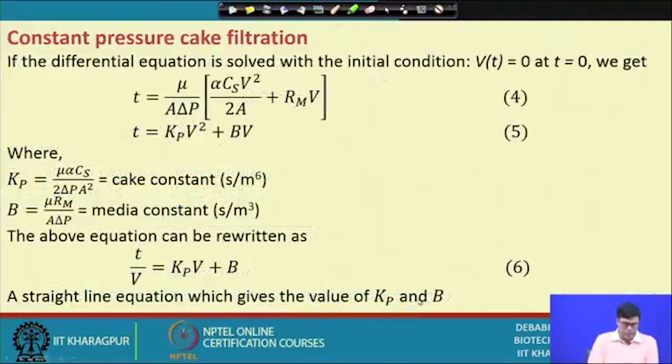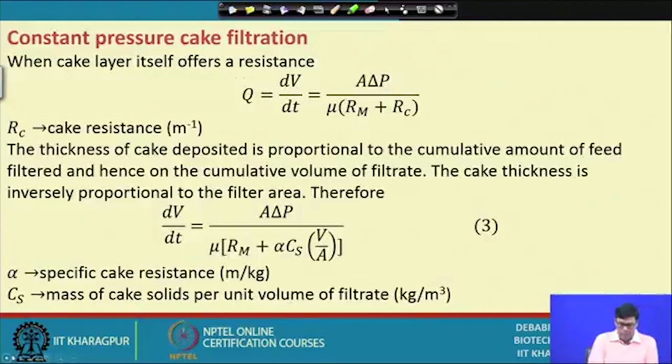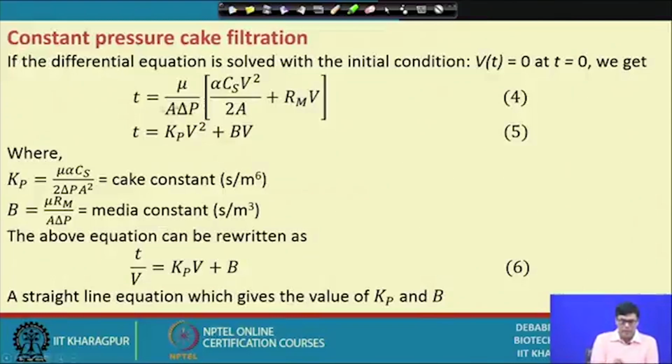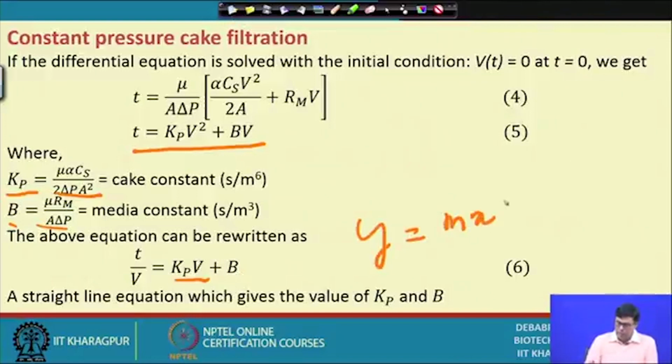Now this equation we can solve in the form of t, and then we can write t equal to this equation. This we can simplify in the form t equal to Kp V squared plus B into V, where Kp equal to this one and B equal to this one. Finally, t by V equal to Kp V plus B, and this equation is similar to y equals mx plus c.